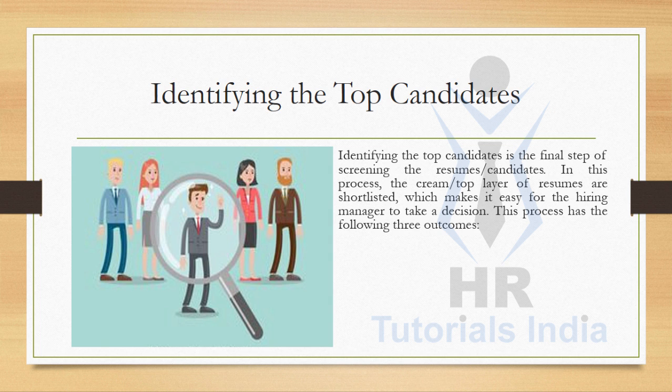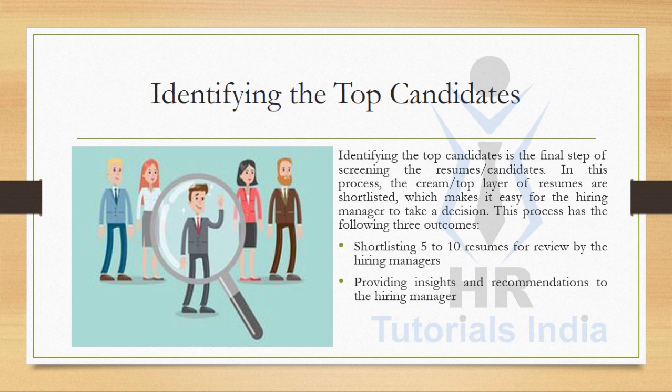This process has the following three outcomes: shortlisting 5 to 10 resumes for review by the hiring managers, and providing insight and recommendations to the hiring manager, which helps the hiring manager to take a decision in hiring the right candidate. The final step of screening applicants is identifying the top candidates. The top layer applicants are shortlisted, which will help the hiring manager take a decision in a short duration.